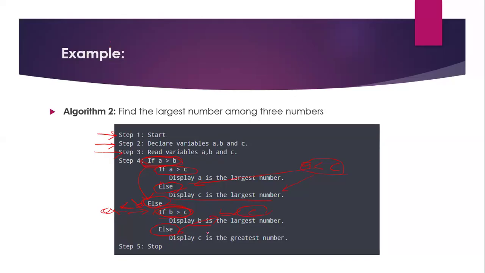C is the largest number. So in here I have directly displayed this largest number. So we have given a solution. What is the largest number? After that, I have to stop this algorithm.